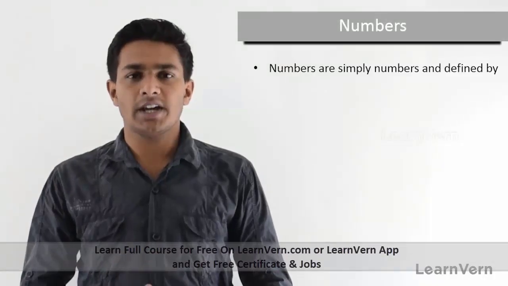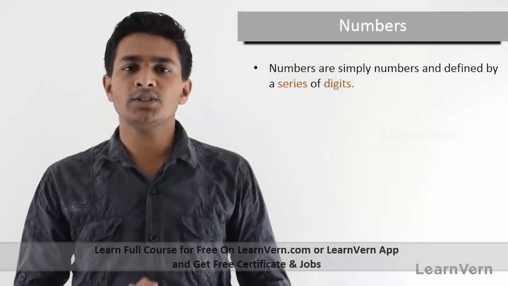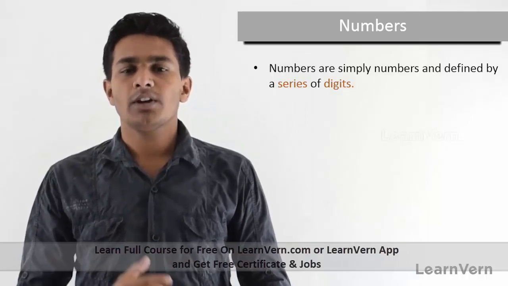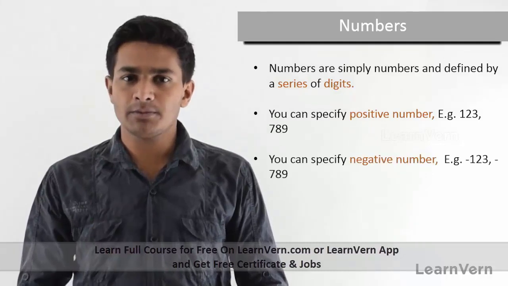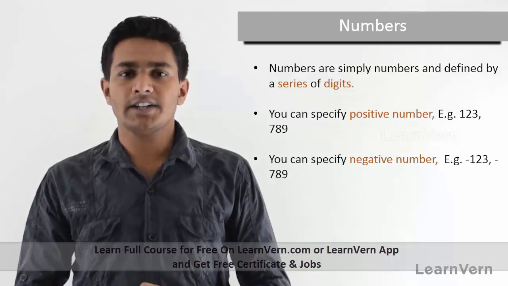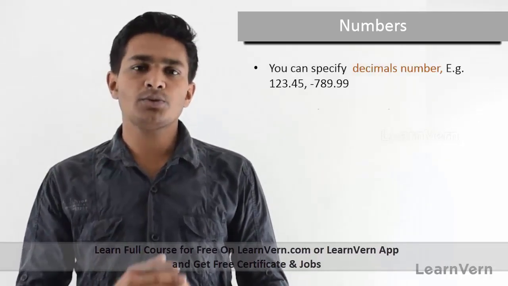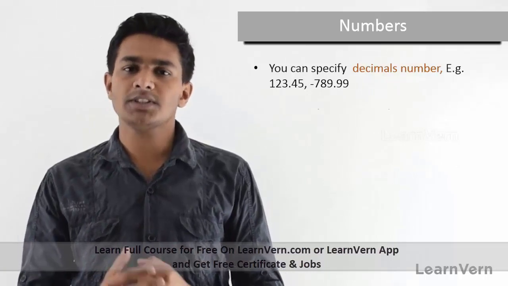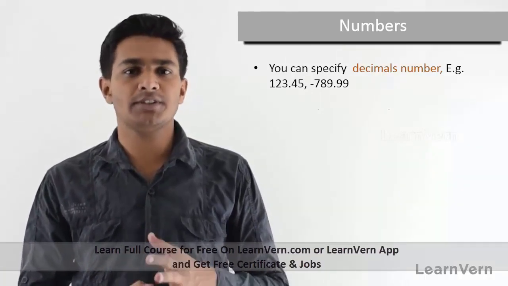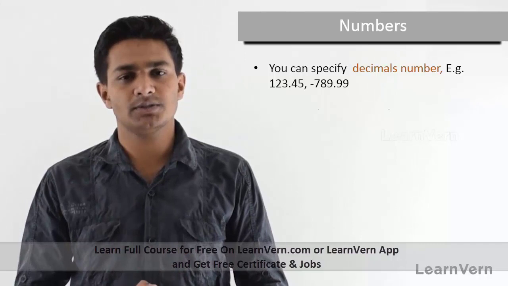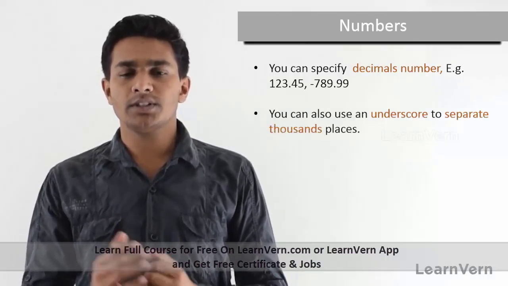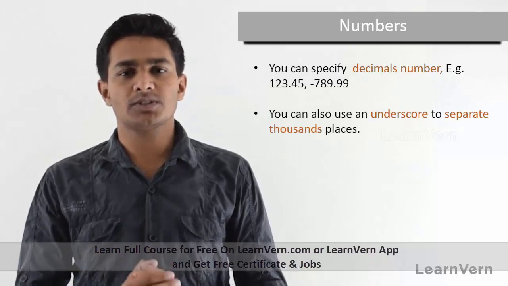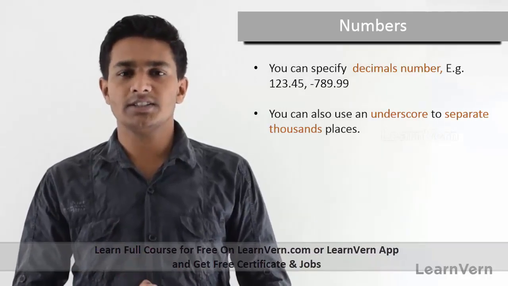Number is a data type which contains a series of digits. Now we can assign positive numbers, we can assign negative numbers, even we can assign decimal numbers to our variable. So this number data type can contain positive, negative, decimal values. Even if we wanted to separate our thousands number with underscore, then we can use it easily.